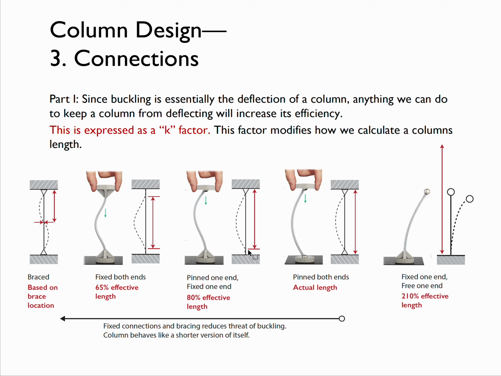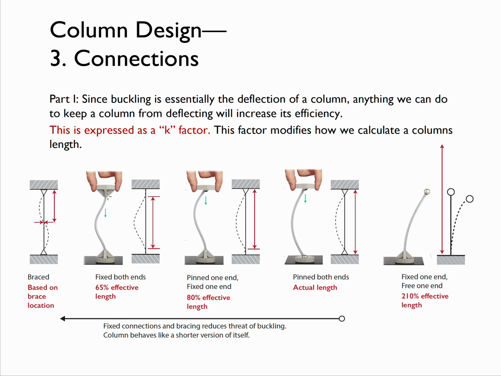What if we fix the bottom part? What if we put a moment connection here so it doesn't bend right at the end point? In fact, we see it has a bit of an inflection point here. That reduces the effective length of the column. This column went from one pin to the other. If we fix it, it actually is going to behave like a column that's a little bit shorter.